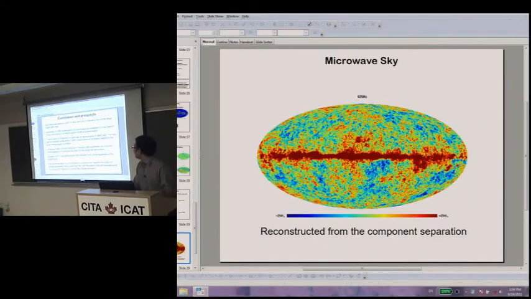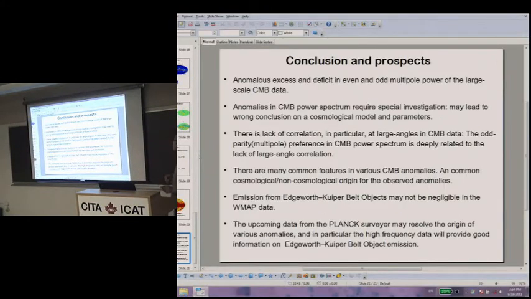So now, conclusion. There is an anomalous excess in odd multipoles and a deficit in even multipoles in the low multipole data. This anomaly in the power spectrum requires special attention because it may lead to bias on the cosmological fitting parameters. It may lead to wrong conclusions. There is a lack of correlation, in particular at large angle.